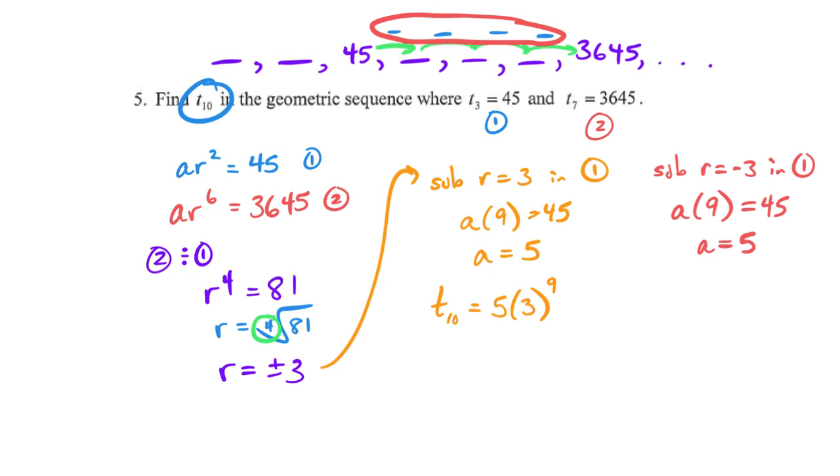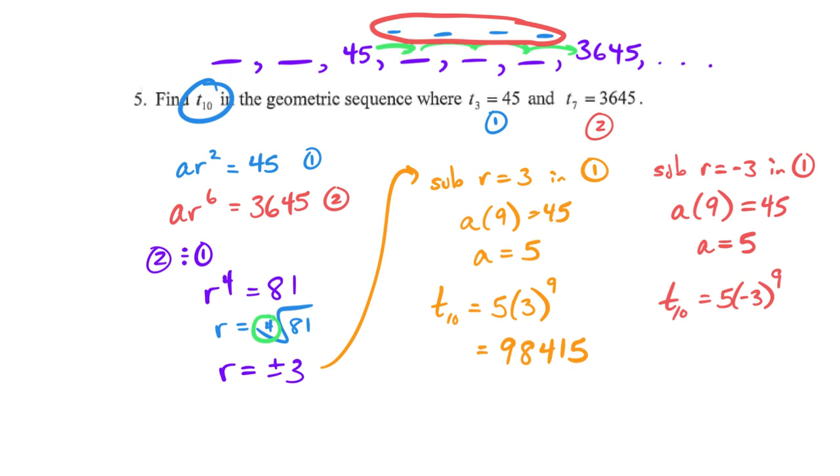In my red, my term 10 would be a first term of 5, an r value of negative 3, and 10 minus 1, so 9 in my exponent. Okay, you can already see we're going to get two different values. So you work your way through, you calculate that, multiply it by 5, and we get a 10th term of 98,415.